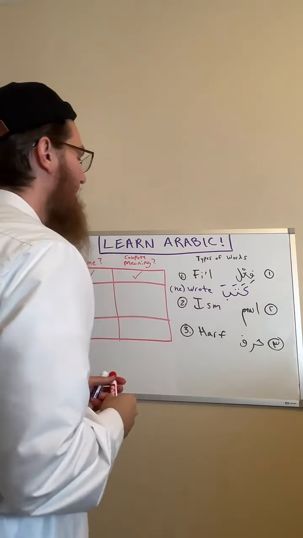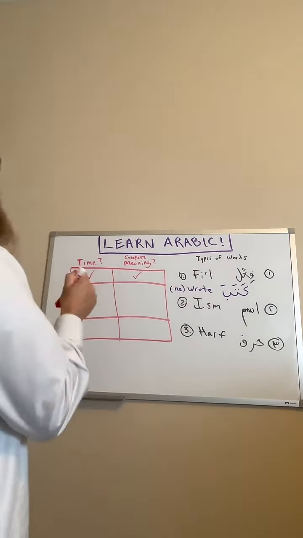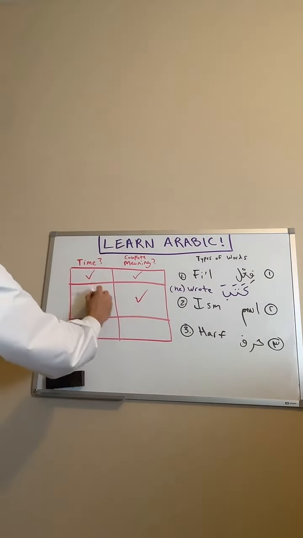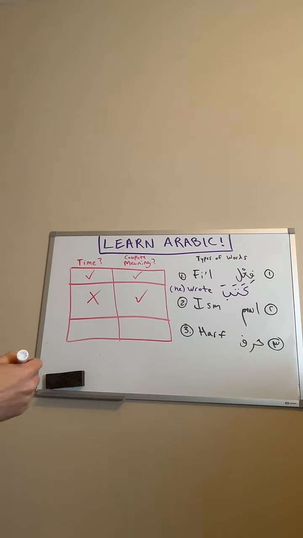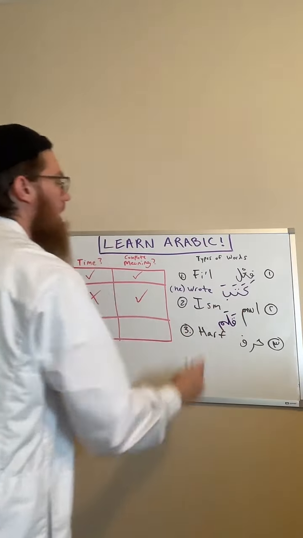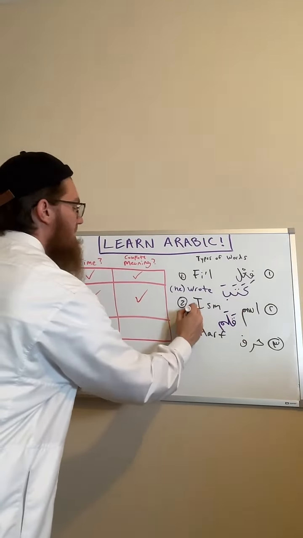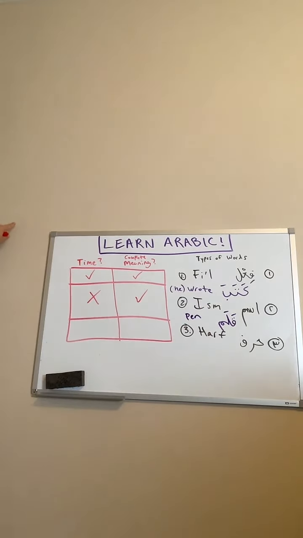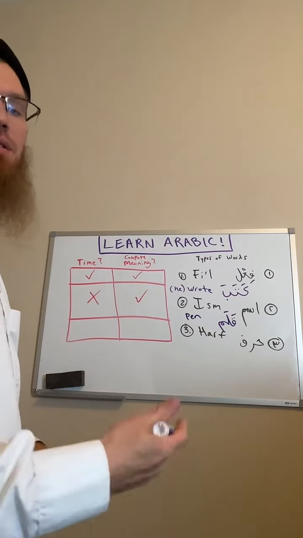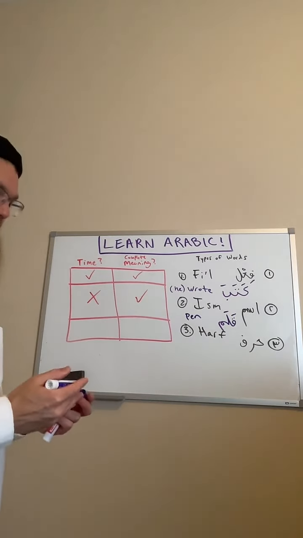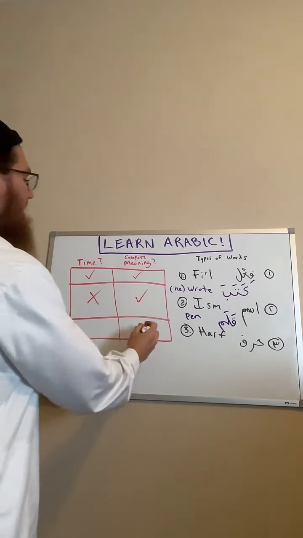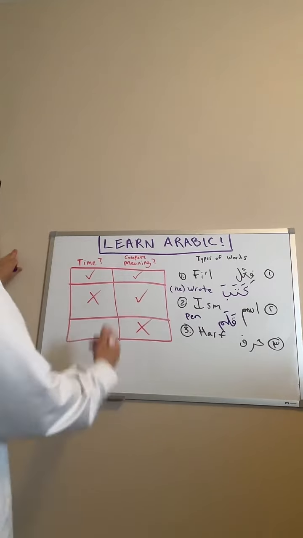The next category is the ism. The ism has a complete meaning, but it does not have a relation to time. It does not have a past, present, or future tense. For example, qalam means pen. That has a complete meaning, but no relation to time. The harf does not have a complete meaning on its own, let alone a relation to time.